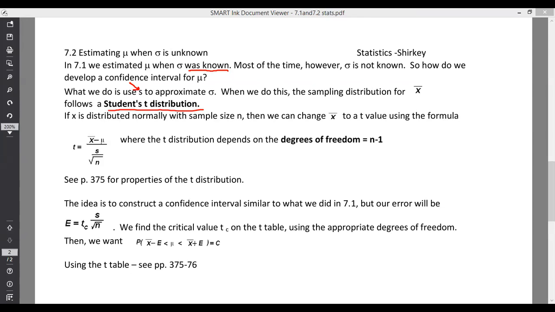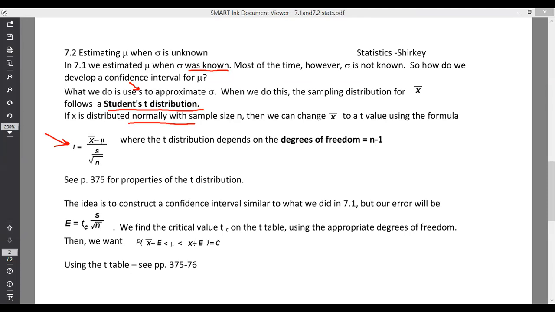So if X is normally distributed with sample size n, you can change X bar to a t value instead of a z value. And it's the same process. If you take a look at this formula right here, to change X bar to t, it's very similar to z.